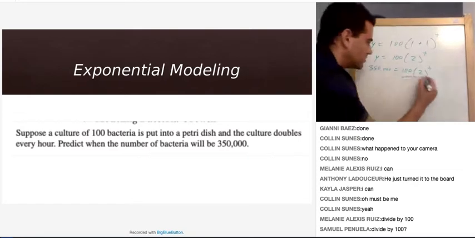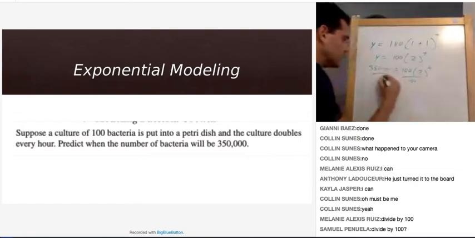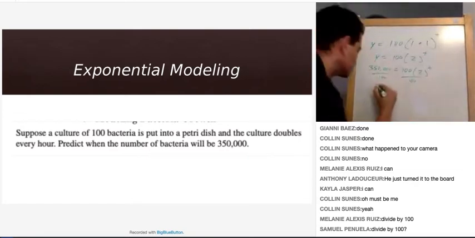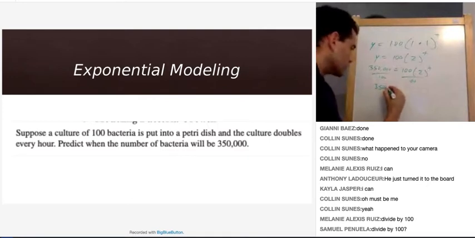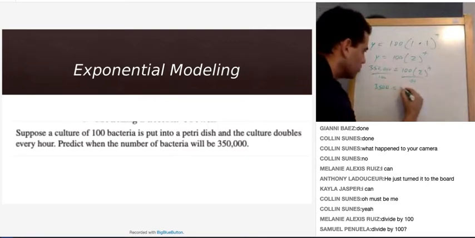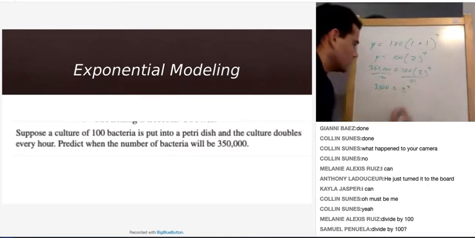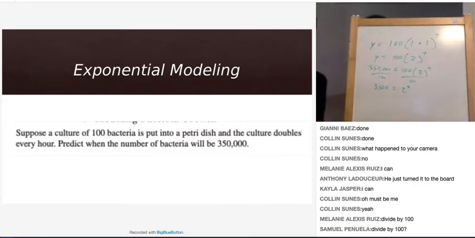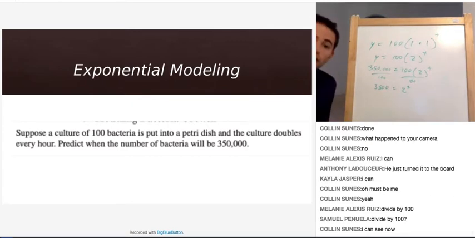You don't have to do this, but it makes your life easier. So we can cancel the 100s. 3,500 equals 2 to the t power. All right, so again, this is just great calculator practice. Go ahead and put this in y1, put this in y2, fix your window. You should have an intersection point for your answer here in probably a minute.